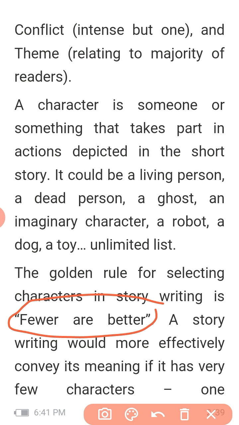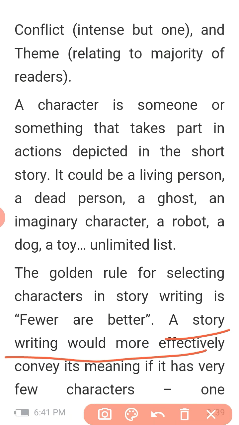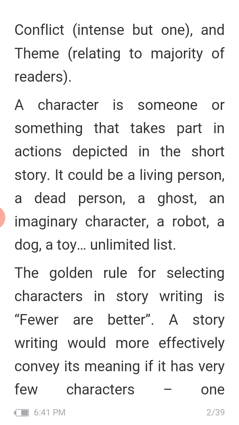And you'll create a very interesting story by adding good characters in it. A story would more effectively convey its meaning if it has very few characters. If it has few characters, then it can be conveyed to the readers effectively. काफ़ी अच्छे से लोगों तक स्टोरी का मैसेज पहुंच जाएगा if there are fewer characters in the story.